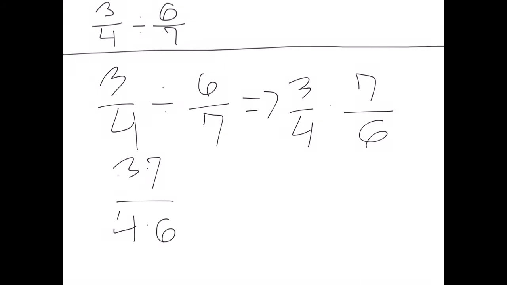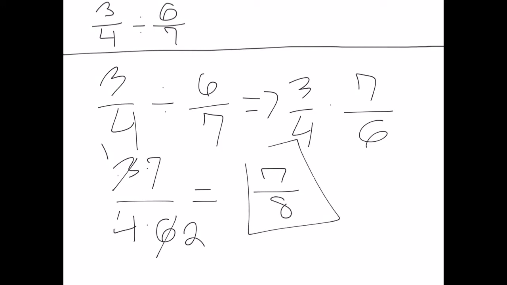So now is the time to cross divide. This will turn into 1, this will turn into 2. And the final outcome would be 7/8. It will equal 7/8. There we go.